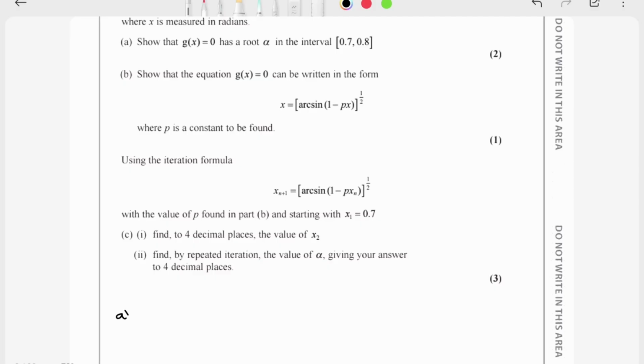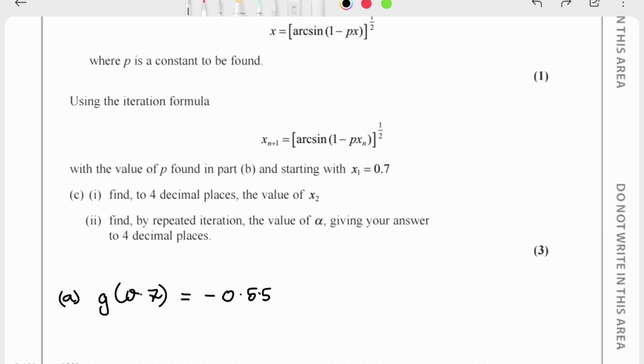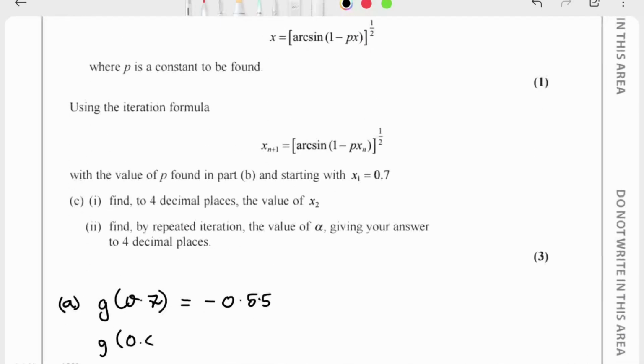So for part A, it's very simple. We just have to input the values of 0.7, and this would give us a negative value, minus 0.55, and then we'll try to find g of 0.8, and that would give us 0.39.